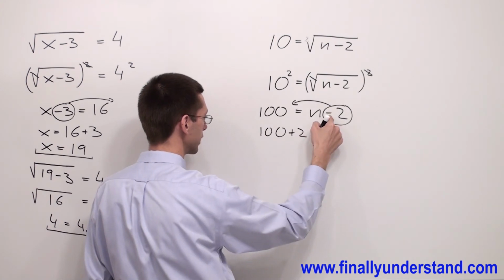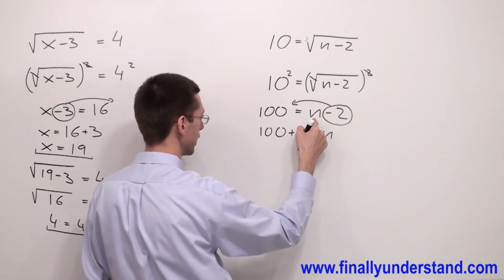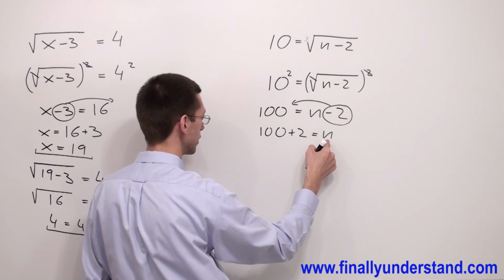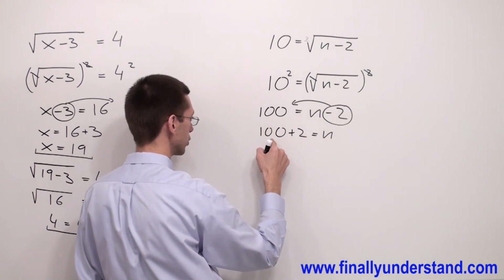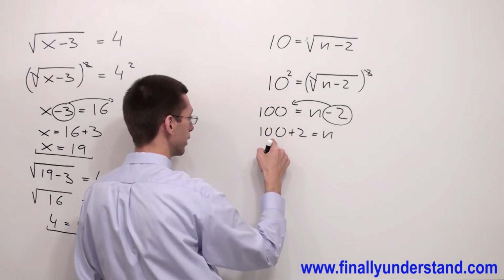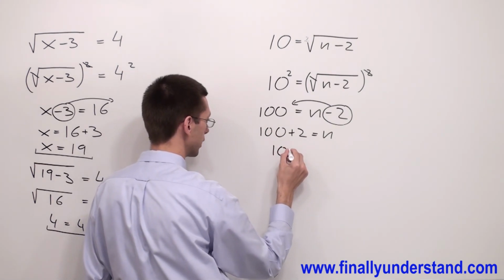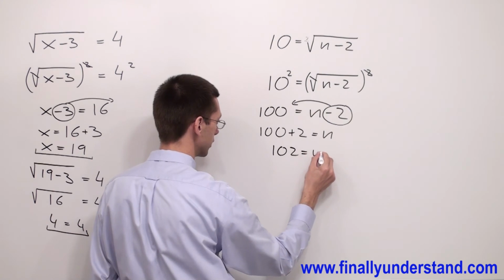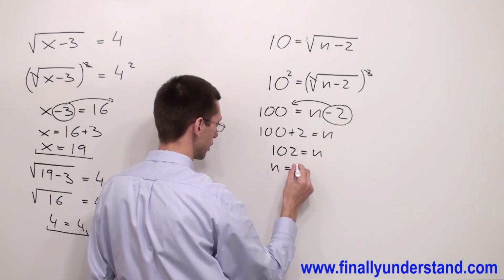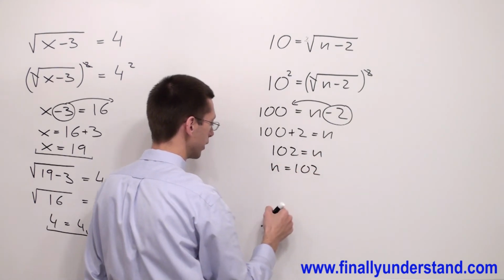That's why I changed negative to positive, because n is at its original position and 100 is also at its original position. So I have 100 plus 2 is 102 equals n. So I can say n is equal to 102.